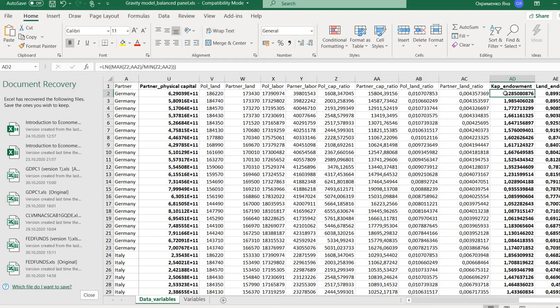Oh yeah, and this was calculated as the natural log of ratio of those two endowments. So you divide maximum value of capital endowment by the minimum value of capital endowment, depending on who has maximum and who has minimum value, Poland or the trade partner, and you take the natural log of this.